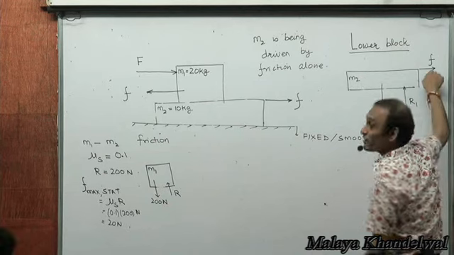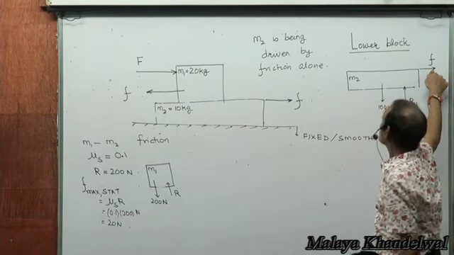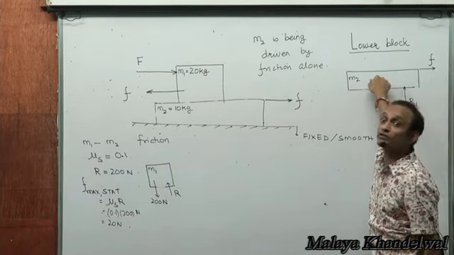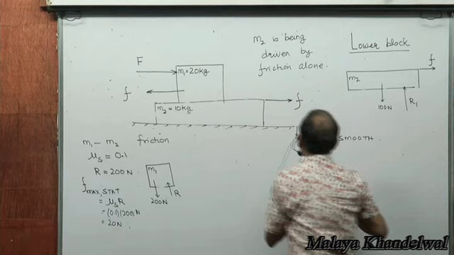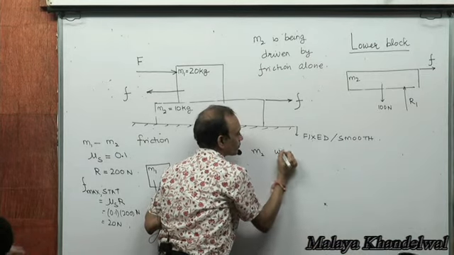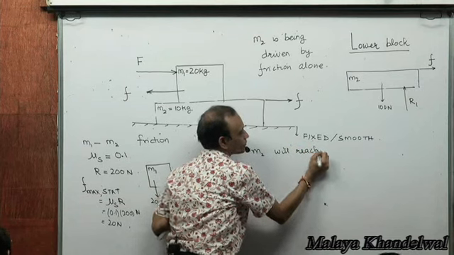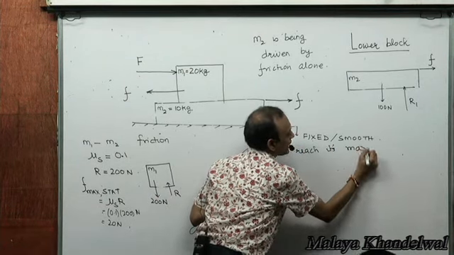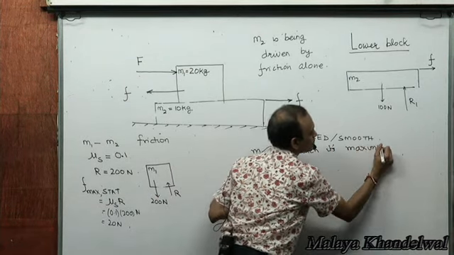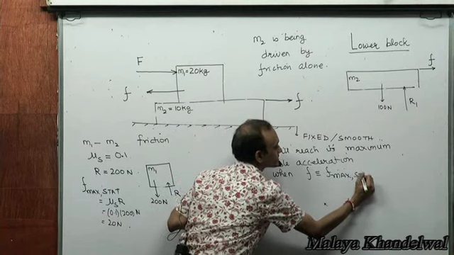Since M2 is being driven by friction alone, what accelerates M2? Small f. When will M2 reach its maximum acceleration? When small f becomes maximum. Yes or no? M2 will reach its maximum possible acceleration when small f becomes its maximum possible value, maximum static friction.